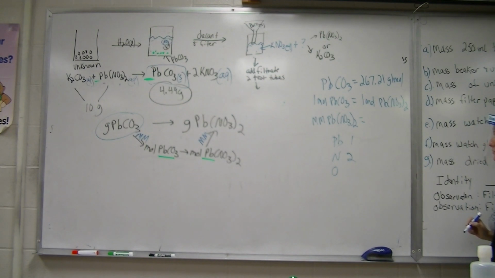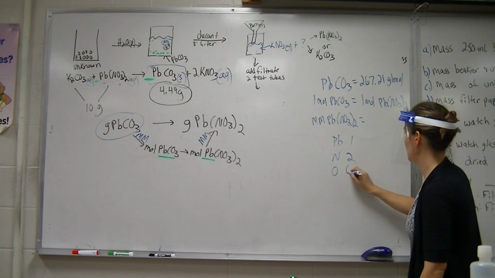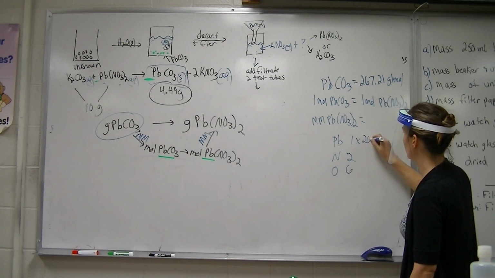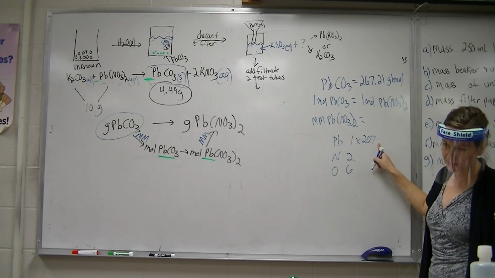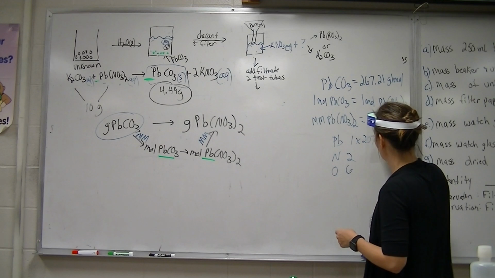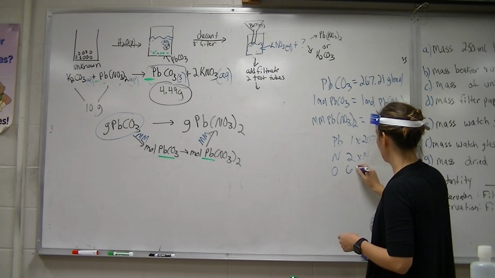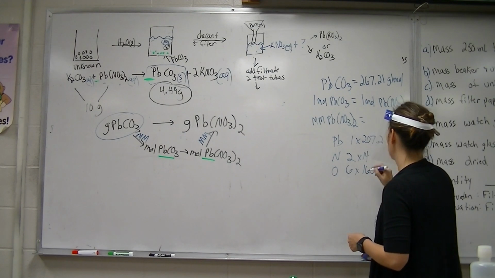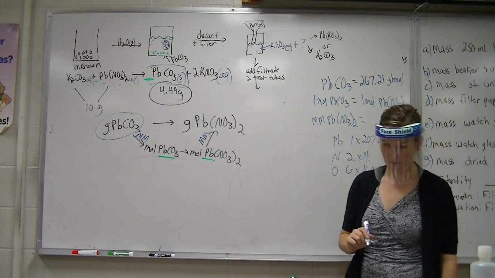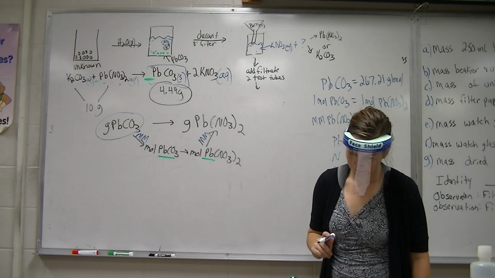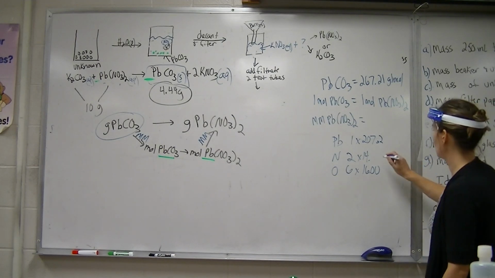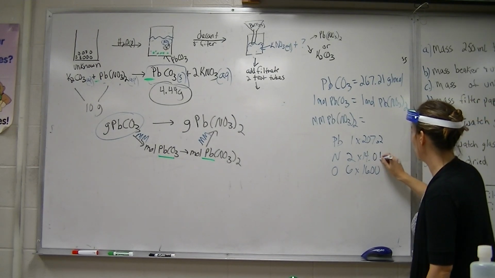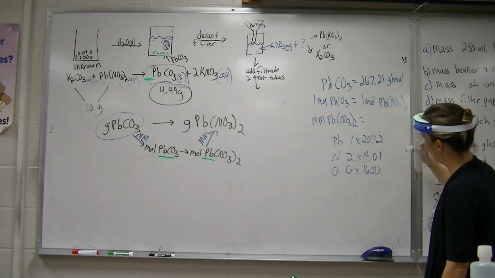How many oxygens? 6. So what did you say this was? 207.2. Nitrogen's 14 something. It's just 14.007, so it would be 14.01 if I rounded it to 2.